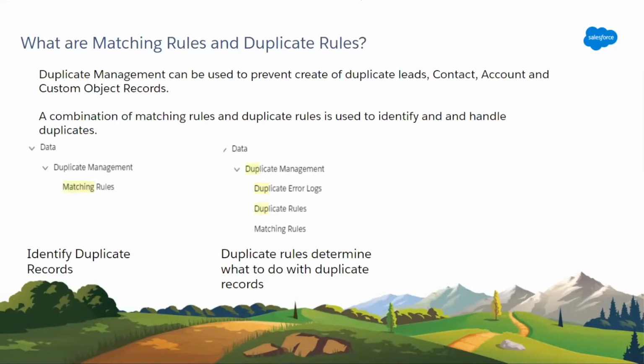When it comes to matching rules and duplicates, you can find the matching rules through setup. If you haven't gone into those in a while, they help identify those duplicate records, and they work hand in hand with duplicate rules to determine what to do with those duplicates once you have them. You can use that to prevent duplicates on leads, contacts, accounts, and also custom object records. The combination is used to identify and handle these duplicates.